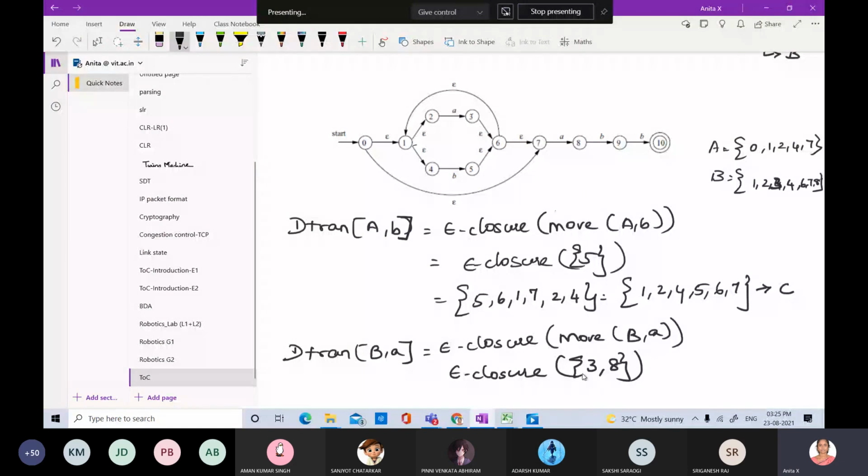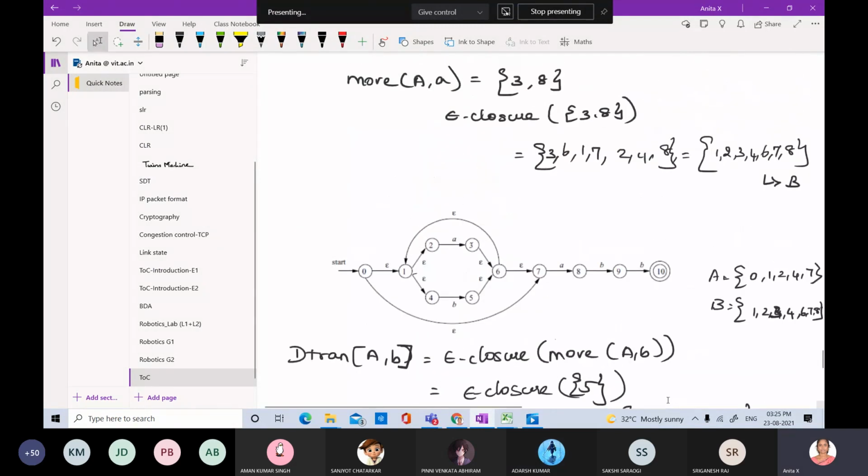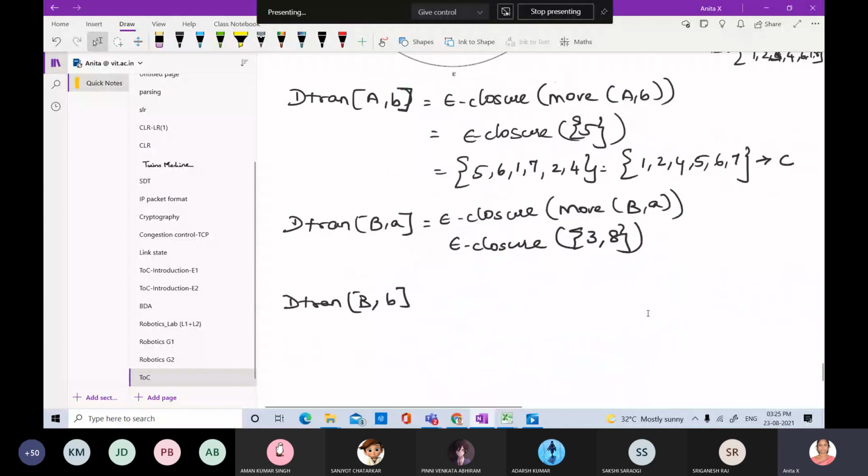What about epsilon closure of 8? Ma'am, it will be 8 only. Yes, good. Already we have written it, right? 3, 6, 1, 7, 2, 4, 8. So is this a new state?